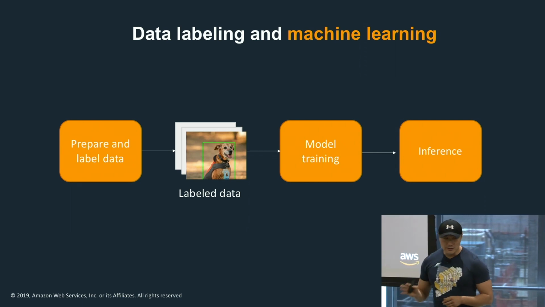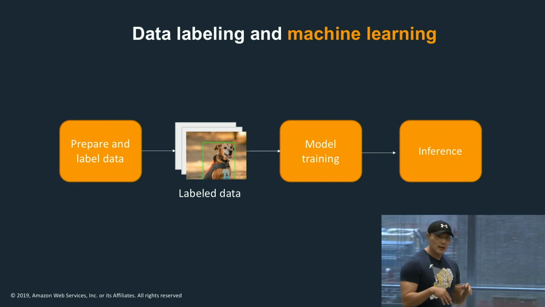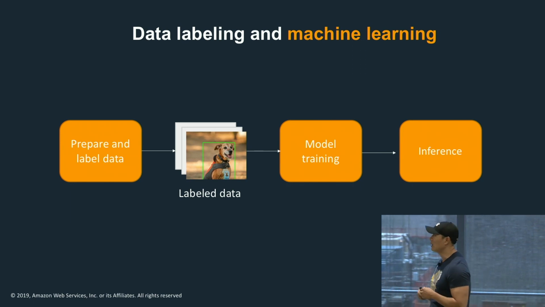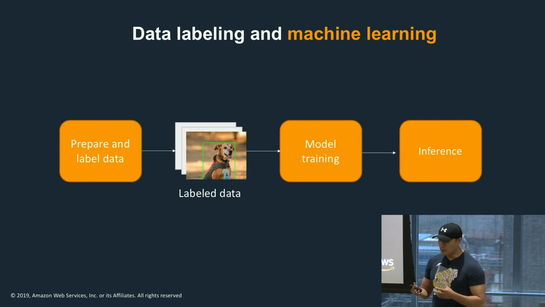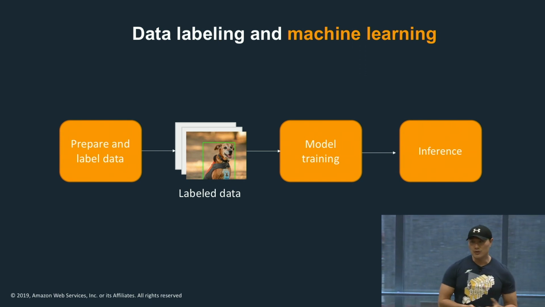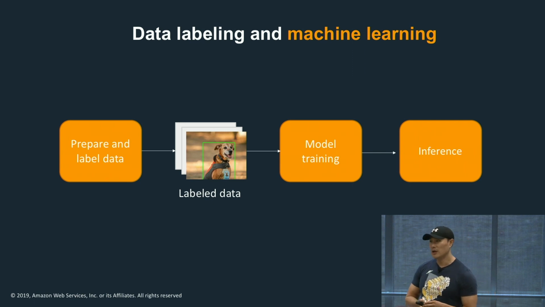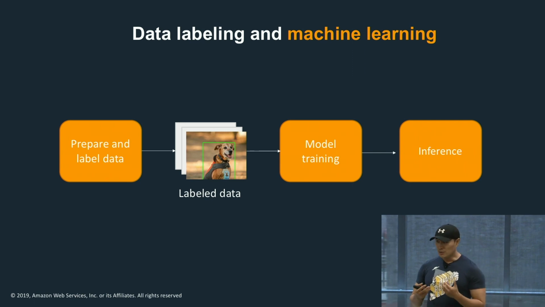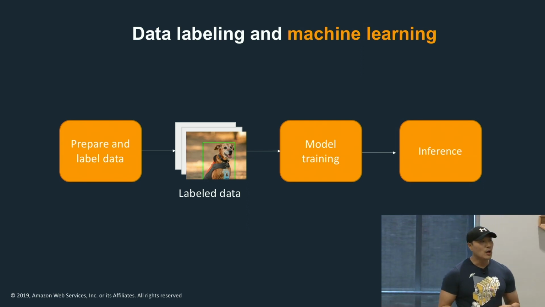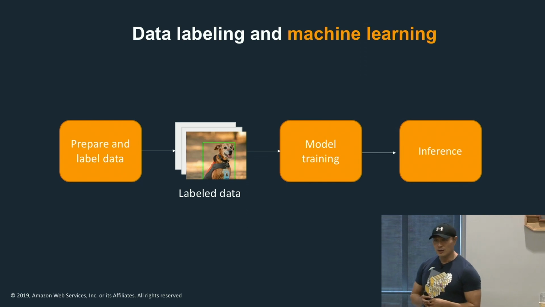So labeling data is very important. Labeling your data correctly is also very important. We're going to talk about that a little later as well. Once you have your data labeled, you feed it into machine learning platforms such as SageMaker. You use image classification, with a convolutional neural network behind the scenes, to train a model that will be able to recognize the dog that you labeled here.